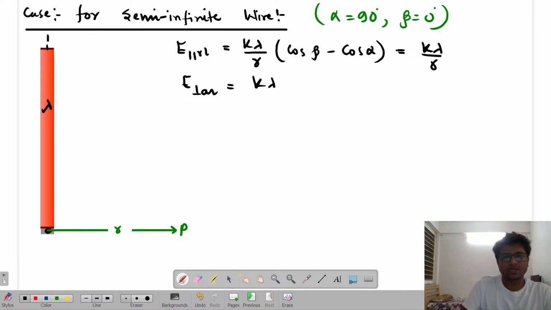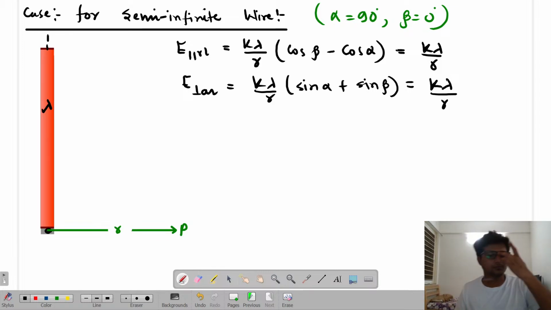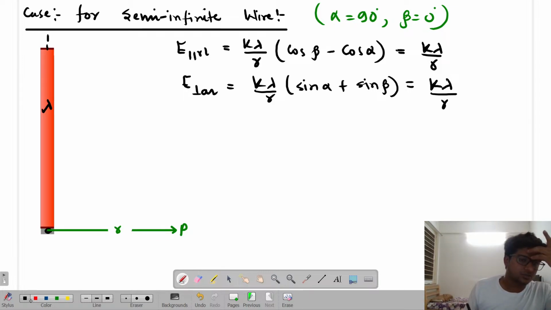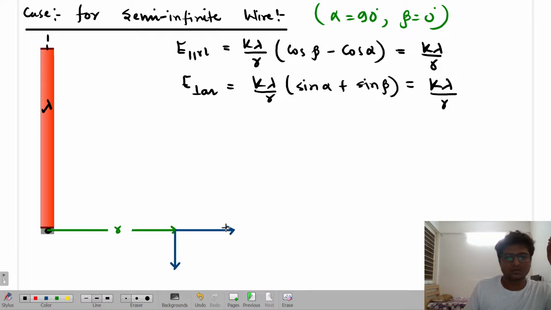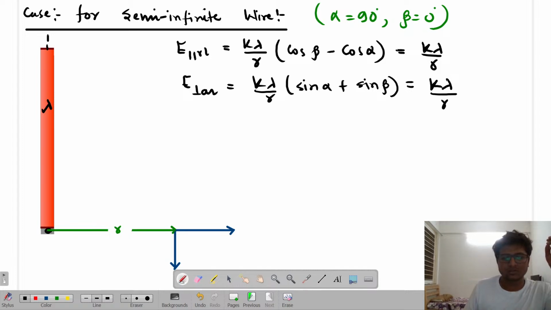It is k lambda by r, sin alpha plus sin beta. तो एक की वैल्यू 1 होगी और दूसरे की वैल्यू 0, so once again I'll get how much? K lambda by r. So that means the electric field over here has two components, one perpendicular and one parallel, isn't it?